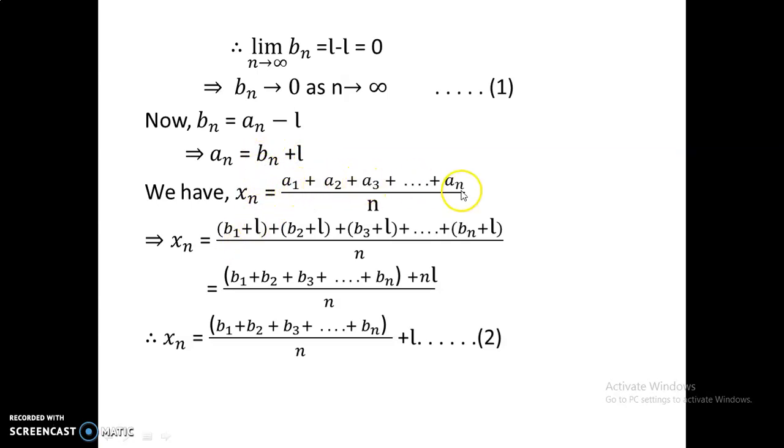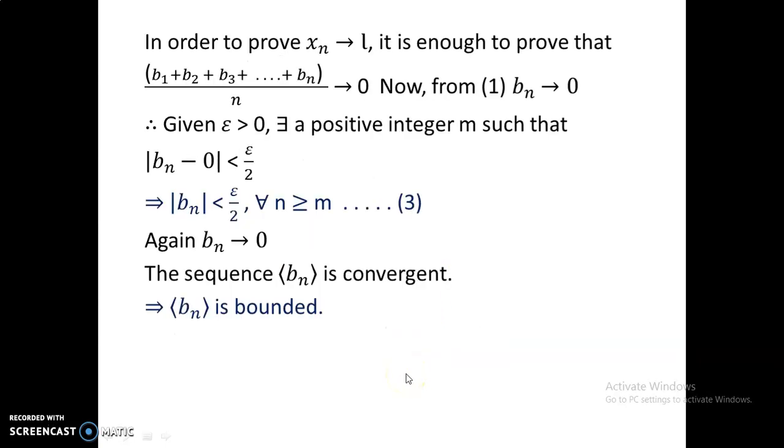Then we have L + L + L + ... n times, which is n times L. Next, B1 + B2 + B3 + ... + Bn, divided by n, and the n cancels, so plus L. We call it equation 2.